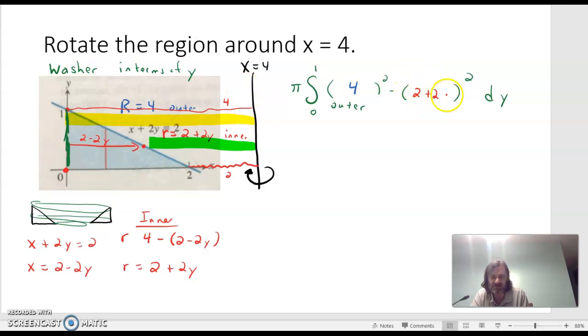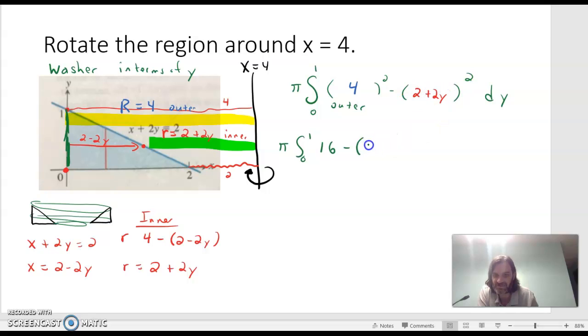2 plus 2y. So that's a lot of work to get there. And if you don't clean up, it might make it look like it's even worse. But now we need to push through. Once we have the right setup, it should be fairly easy. So pi, from the integration of 0 to 1, outer 4 squared will be 16, and then minus the inner squared.